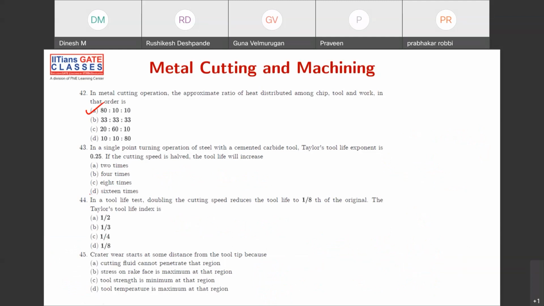So as I couldn't get proper answers from the previous question, tell me this answer, 44th one. Anyone? Fourth one.